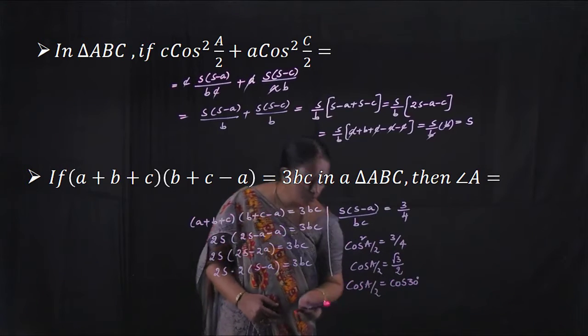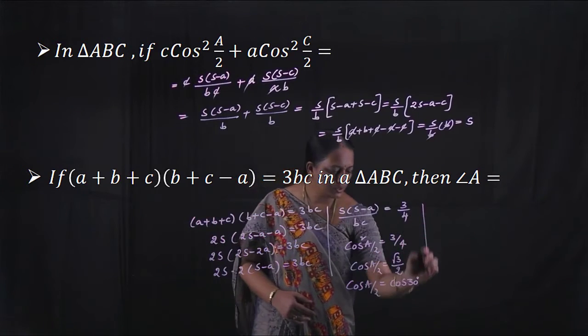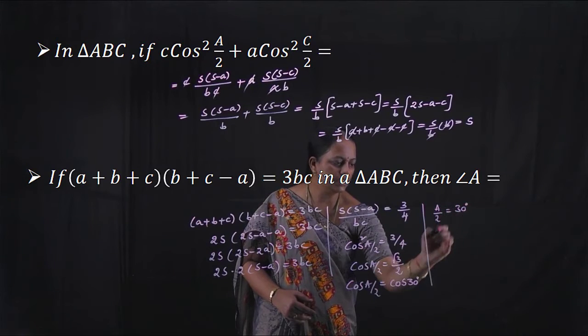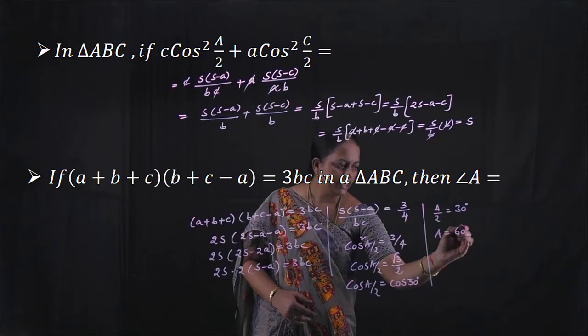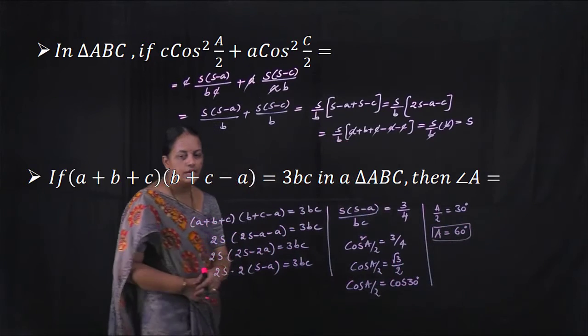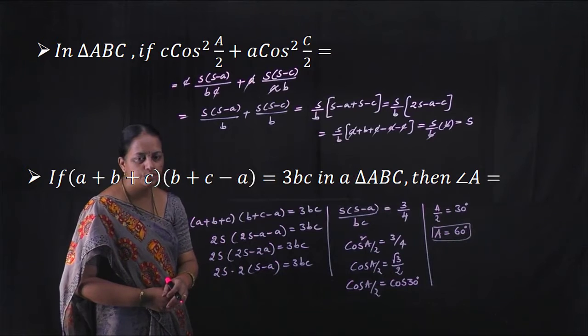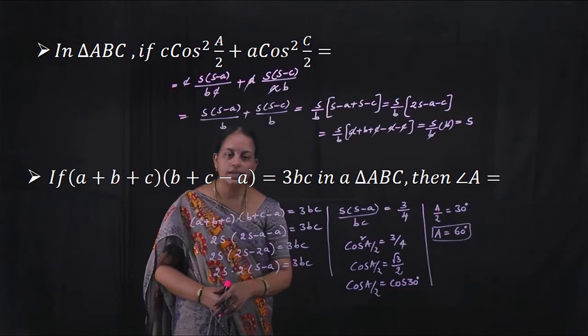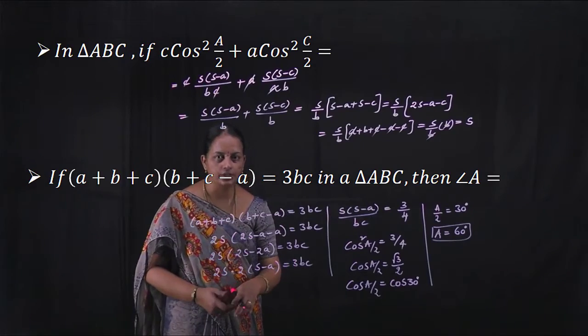On comparing both sides, we get A by 2 is equal to 30 degrees. From this we can write angle A is equal to 60 degrees. So in triangle ABC, if (a plus b plus c)(b plus c minus a) equals 3bc, then angle A is equal to 60 degrees.